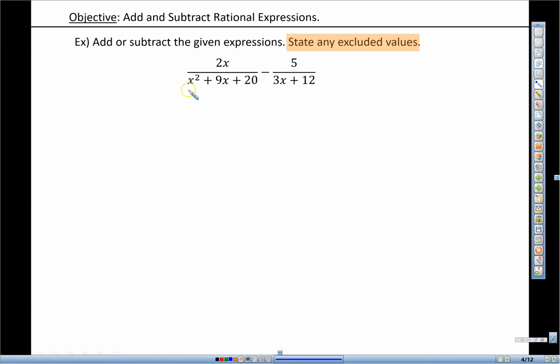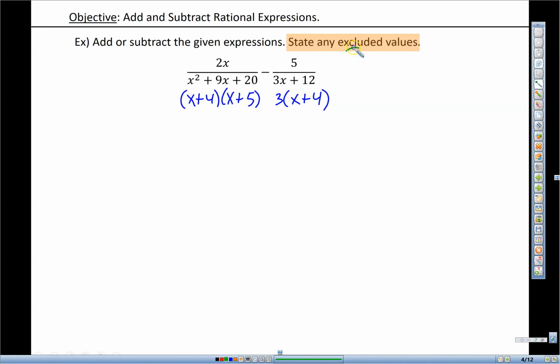So for this trinomial, our denominator would factor into x plus 4 times x plus 5. And the second denominator has a GCF of 3, which would be then times x plus 4. So we would look at each of those unique factors that involve our variable for the excluded values.